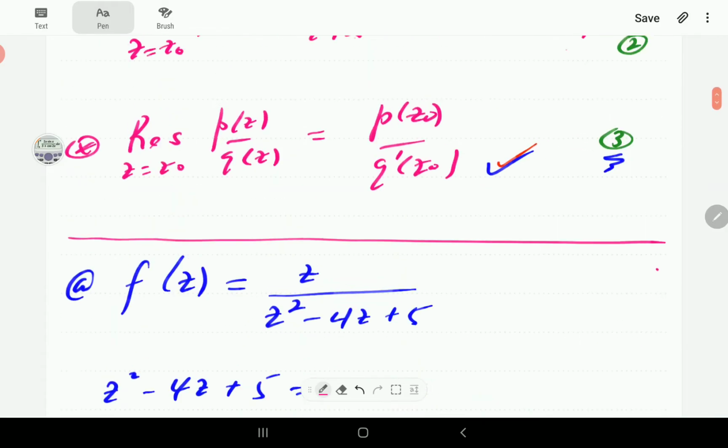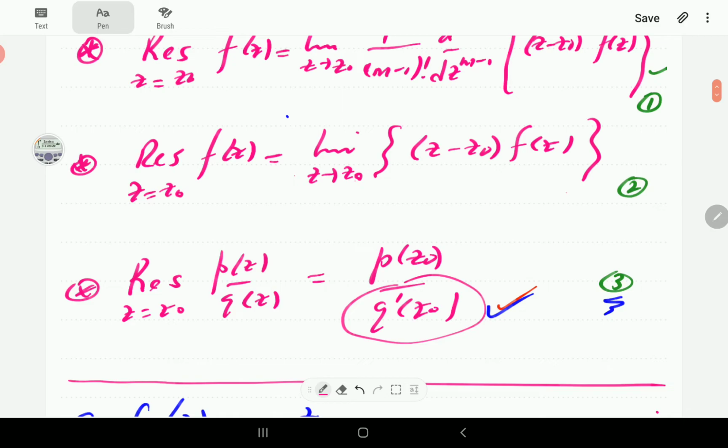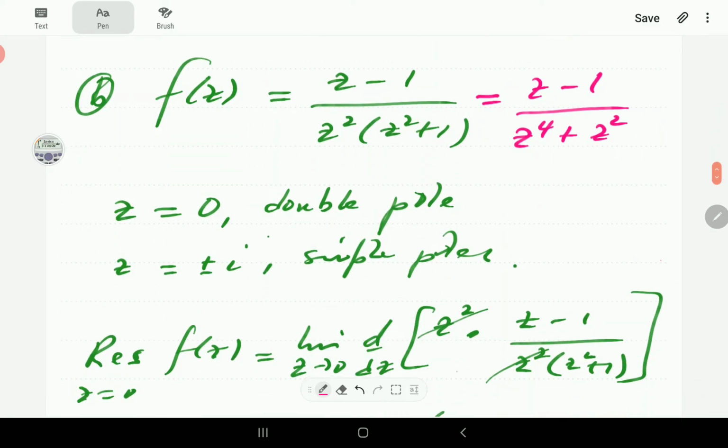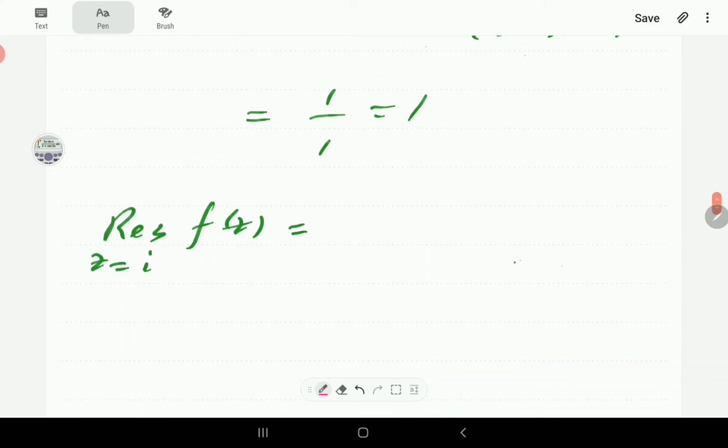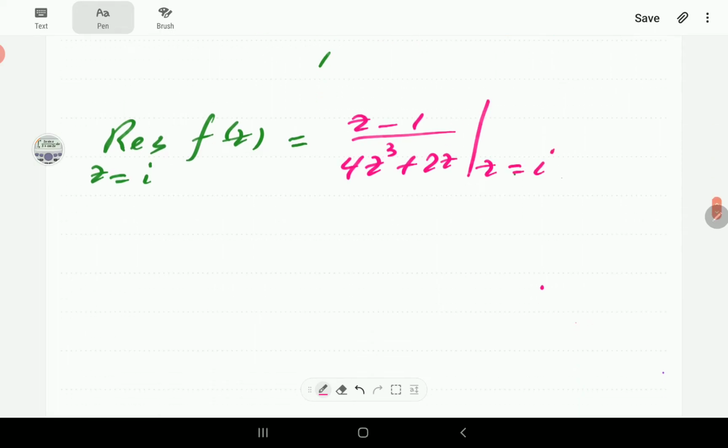So then we simply differentiate the denominator and then plug in z equals i. The numerator is z minus 1, the derivative of z to the power 4 is 4z cubed, the derivative of z squared is 2z. We plug in z equals i.